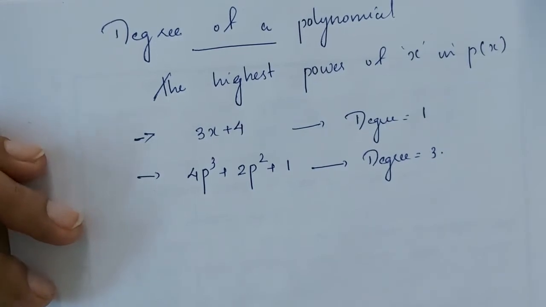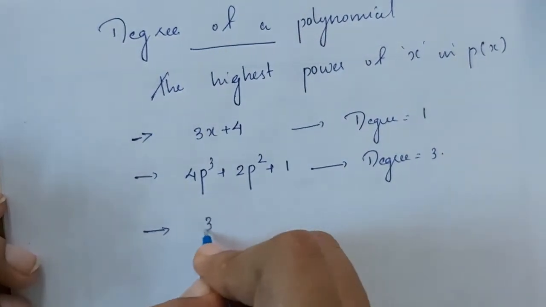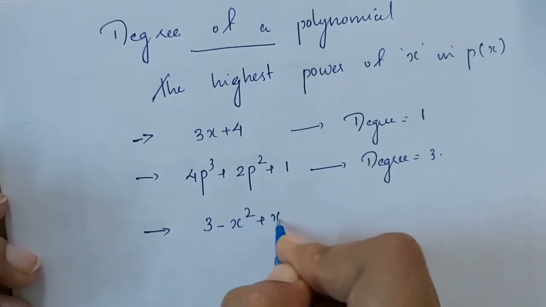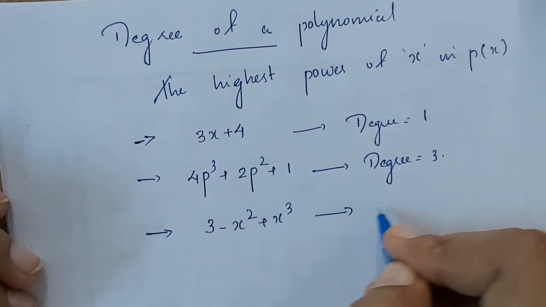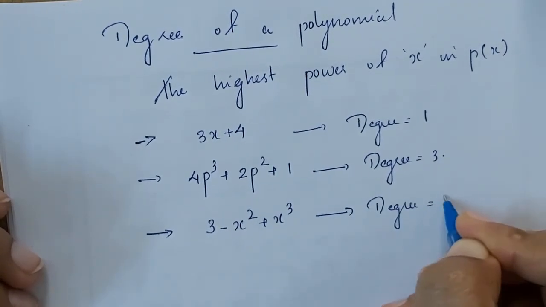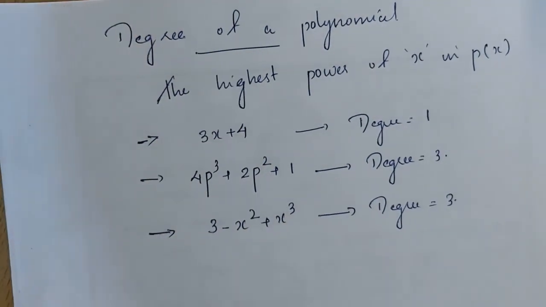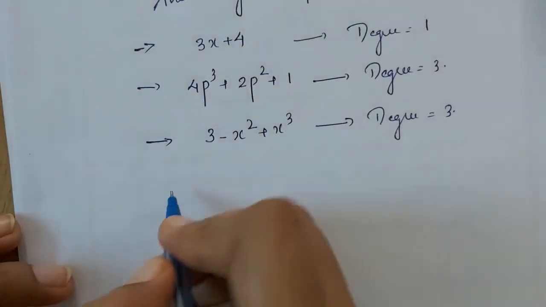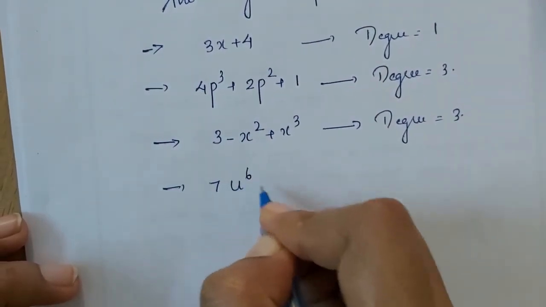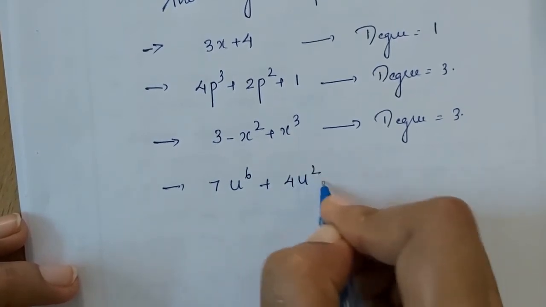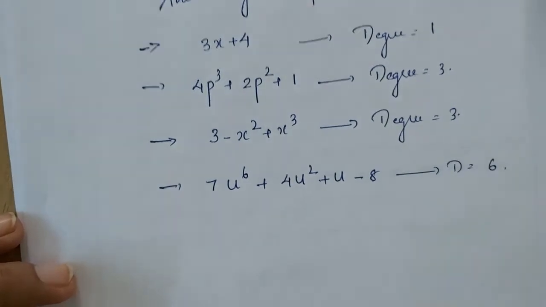Next case, 3 minus x square plus x raised to 3. x has the highest power, degree is equal to 3. Okay, this is the degree of a polynomial. Another case, 7u raised to 6 plus 4u square plus u minus 8. Degree is equal to 6.